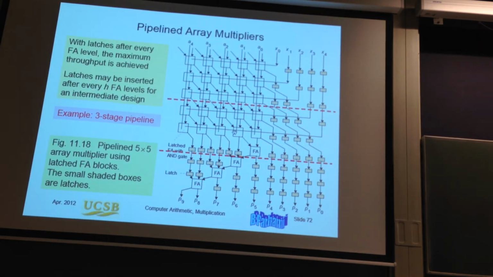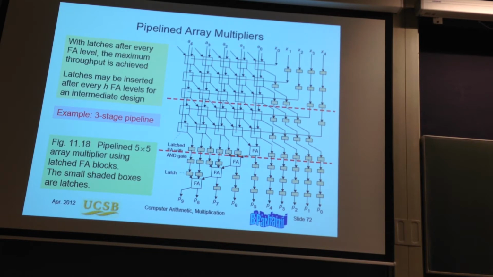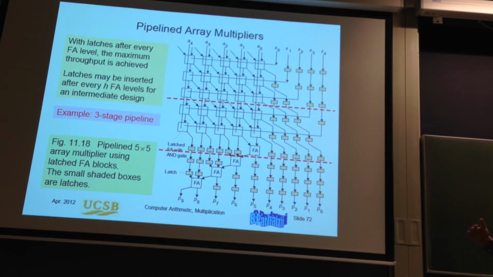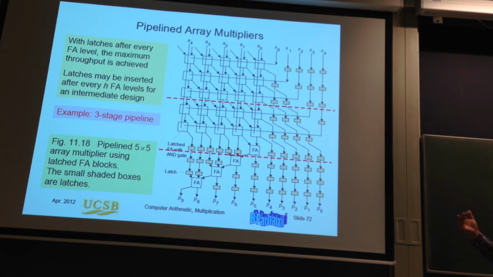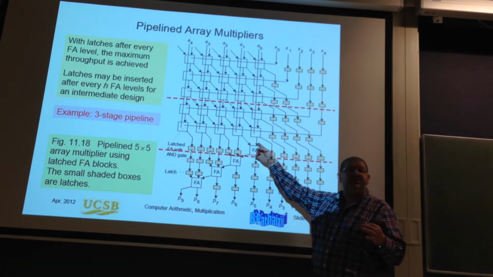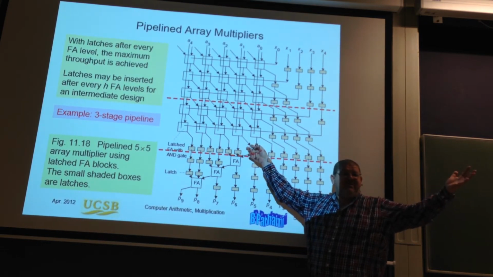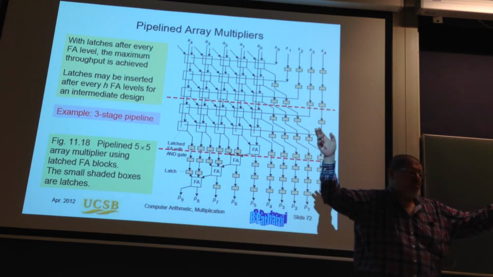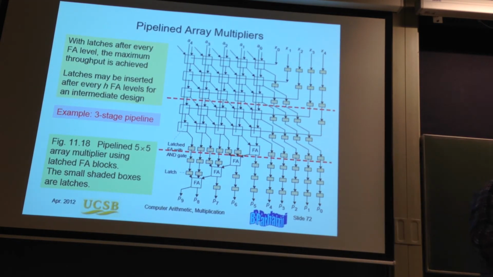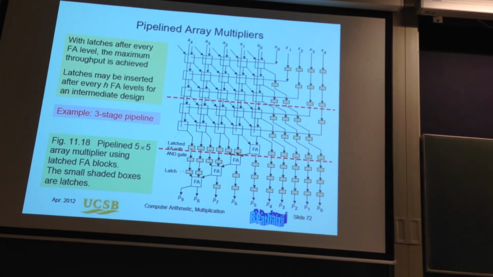Now, array multipliers are very, very good for pipelining. You see, we have a lot of registers, and essentially speaking, if you want to run at a very, very high frequency, you can run at the frequency which is determined by the delay of a full adder plus something, which is very fast. Unfortunately, this is not exactly a feasible solution.